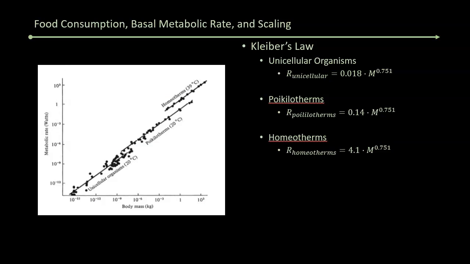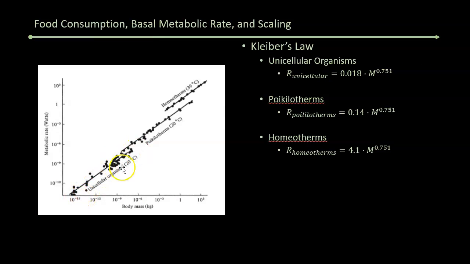Finally, and this is a great little study and production of Kleiber's law. So unicellular organisms, really simple organisms, the rate at which they consume energy, right? And this is in watts. The rate at which they consume energy is 0.018 times m to the 0.751.